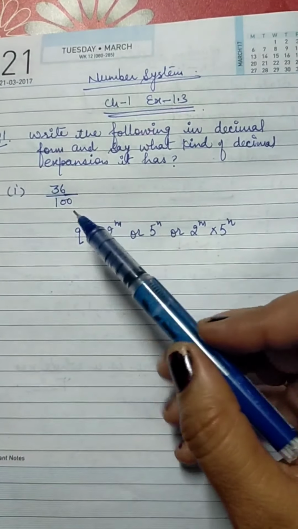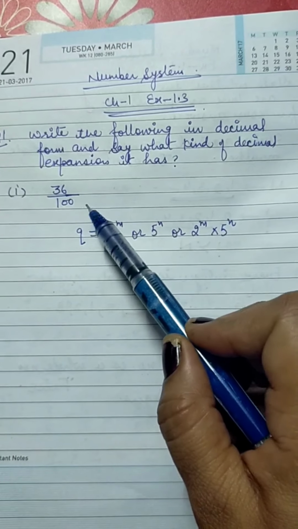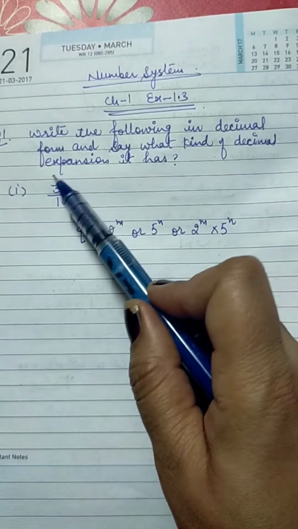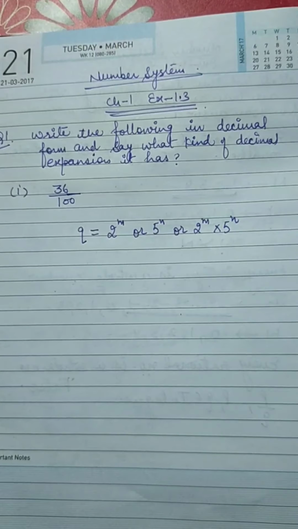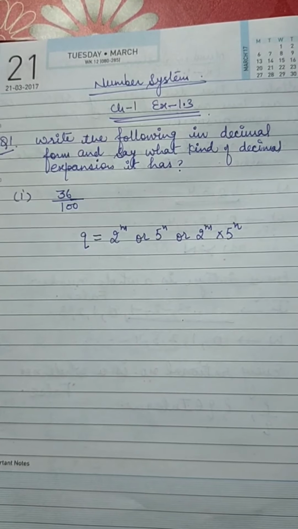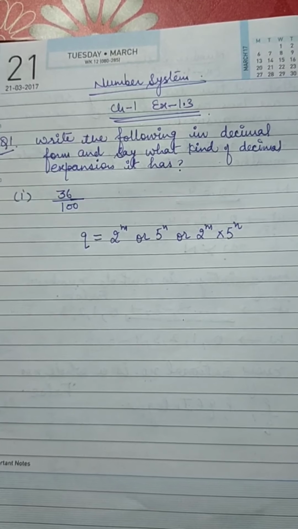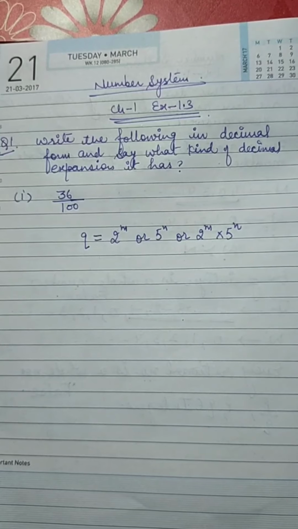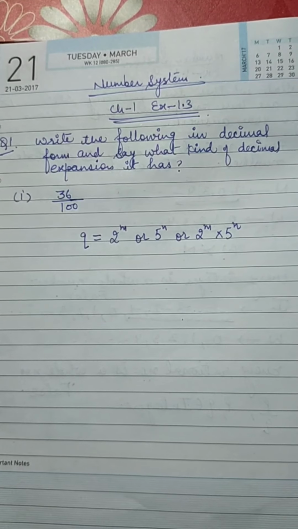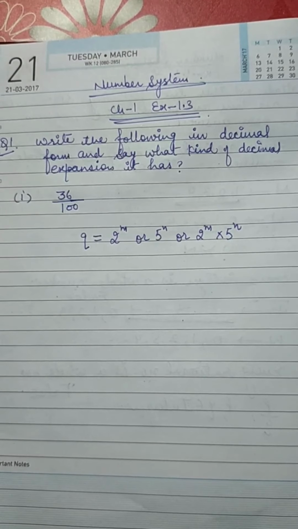That means only the factors of 2 and 5 must be here, then only we can say that this decimal expansion is terminating. If any other number comes over here, suppose 3, 7, any other number beyond 2 raised to power something or 5 raised to power something, then the decimal expansion will definitely be non-terminating.